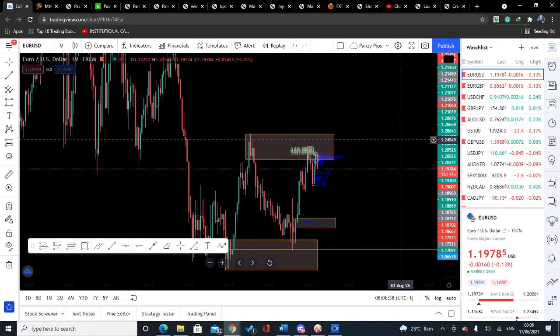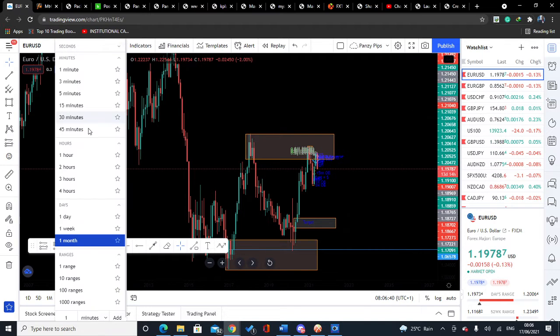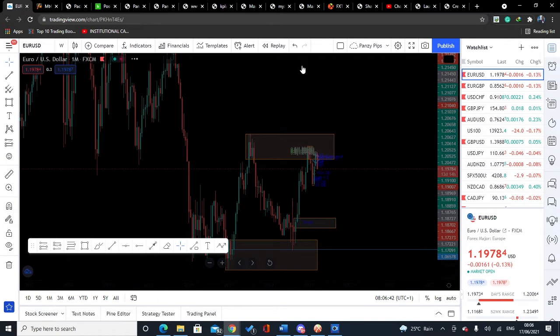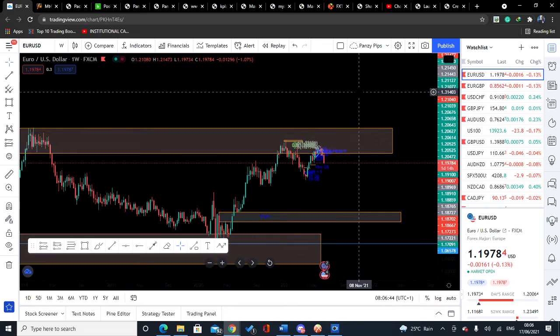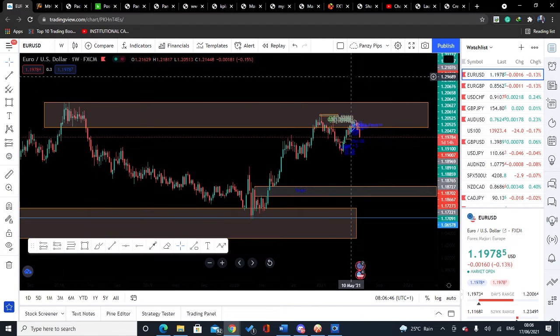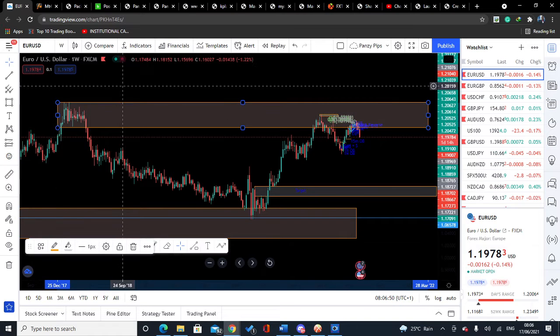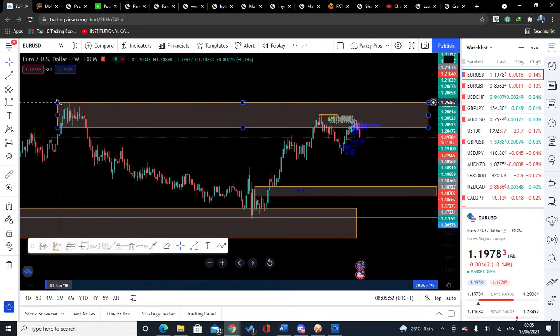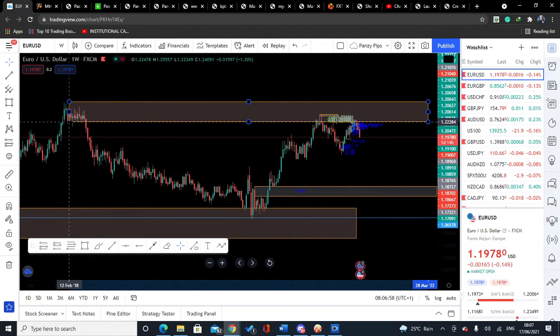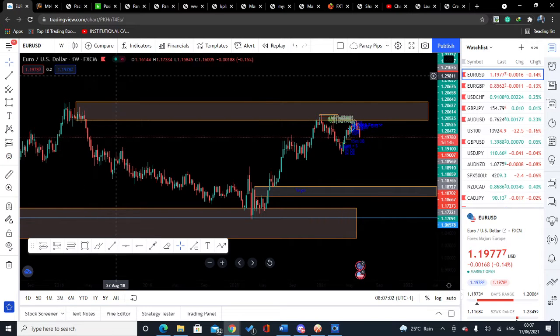All right, so the next time frame I'll be looking at now is going to be the weekly. We're going to try and make it as quick as possible so we can get back to doing other things we need to do. Here's our order block up here, and what do we see? The order block from the monthly plays out perfectly well on the weekly. We can even reduce the order block just a little bit, the last up move before the down move, and that is our order block there.